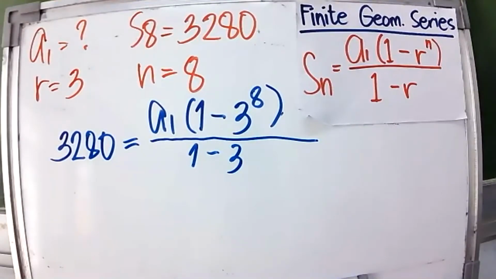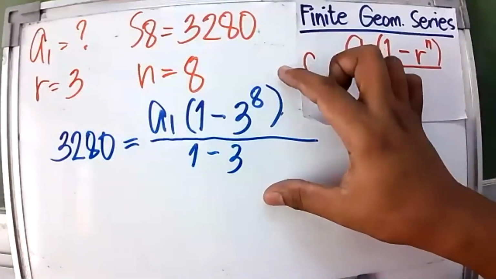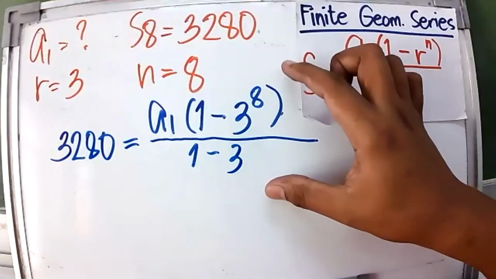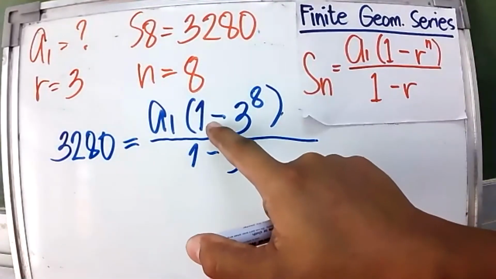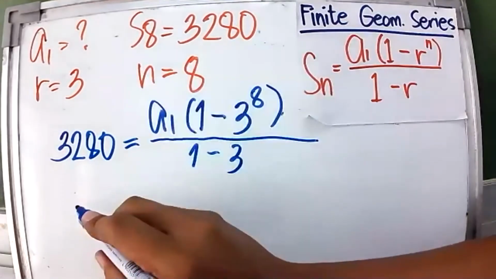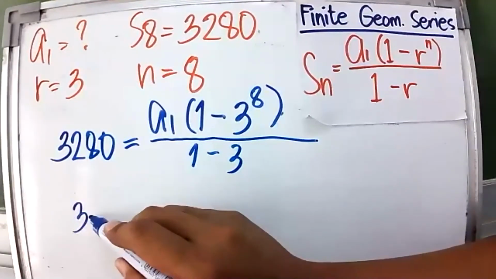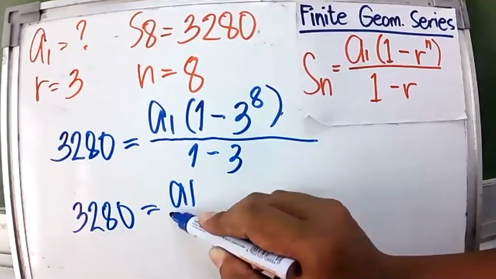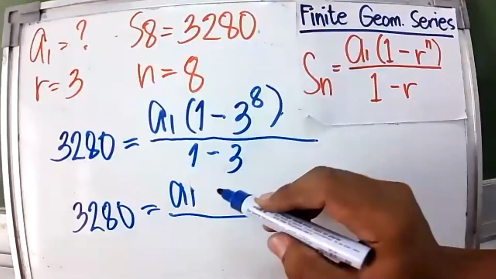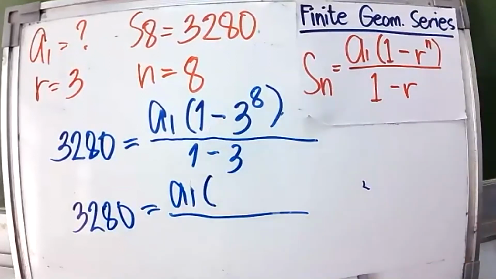Okay. This cannot be solved directly from the calculator, but you will need your computational skills to solve this. Okay. First, let's simplify this. So we will have, just copy the rest, 3,280 is equal to A sub 1 times 1 minus 3 raised to 8.